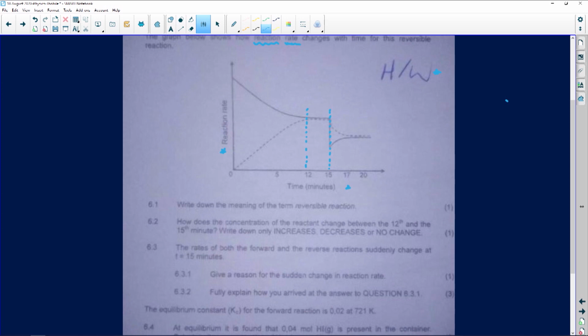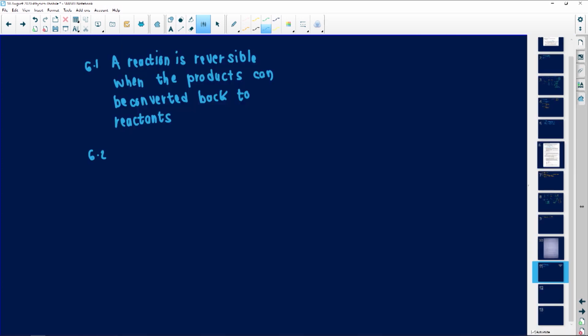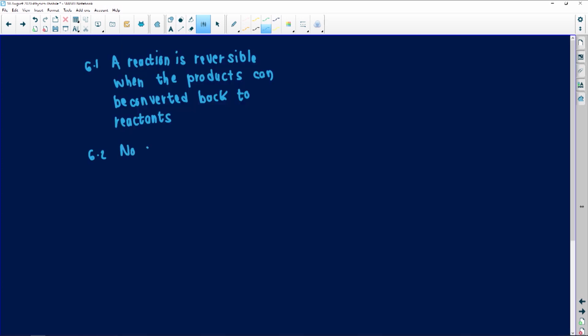Write down increases, decreases, or remains the same, and this is only for 1 mark. Now we can see that it is a straight line between the solid line and the dotted line. Straight line means equilibrium. Do we have any concentration change? No, we don't. So there is no change at all.